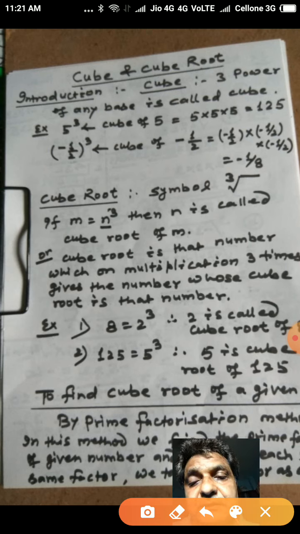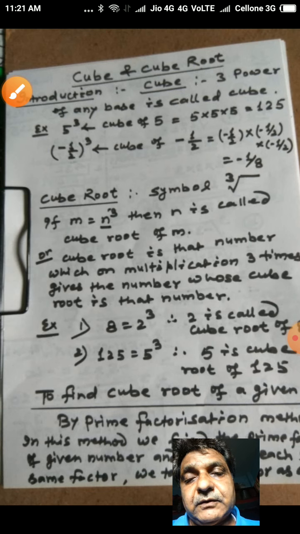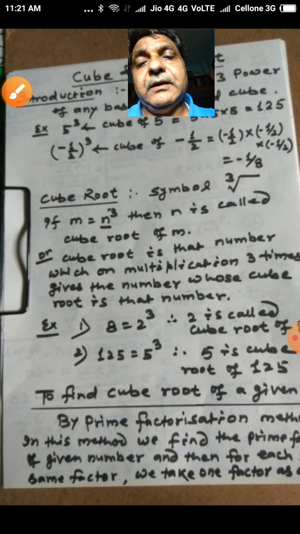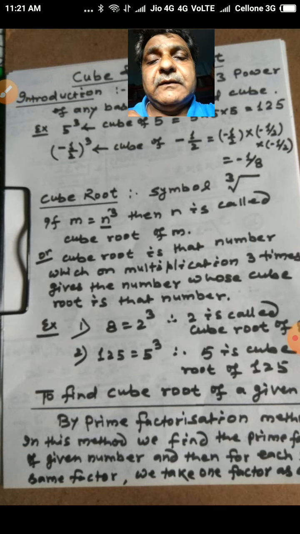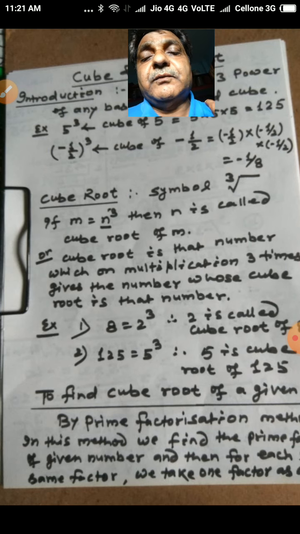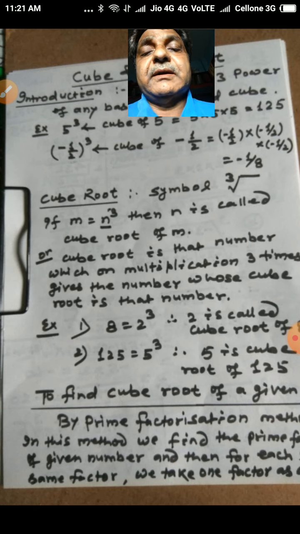The other thing is cube root. First of all, we see that it has a symbol, as in the case of square and square root. Before this, you students are familiar with square and square root. In the case of square root, there is a root sign. Cube root also has the root symbol, but the difference is that here we have to write 3 above the root symbol.